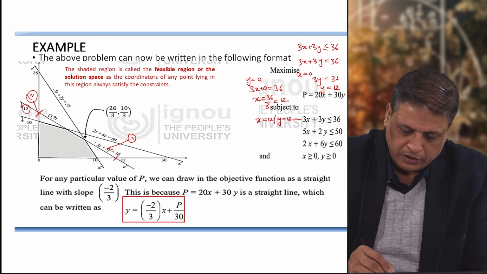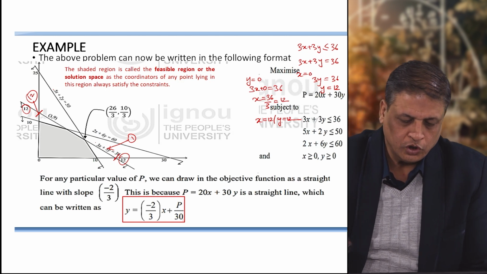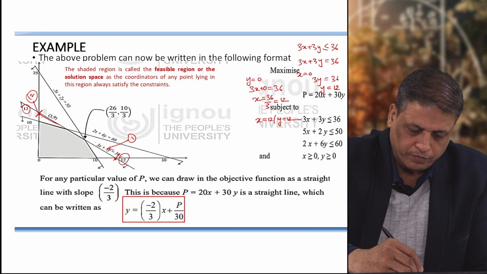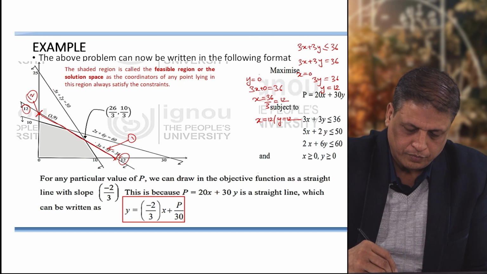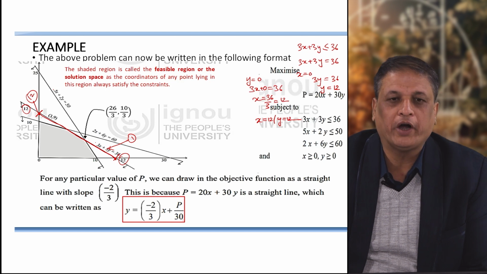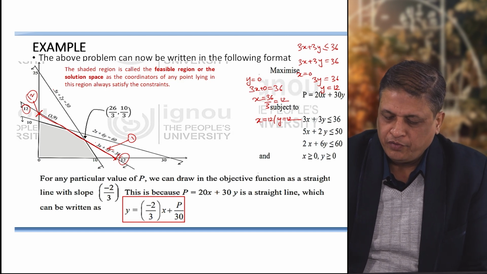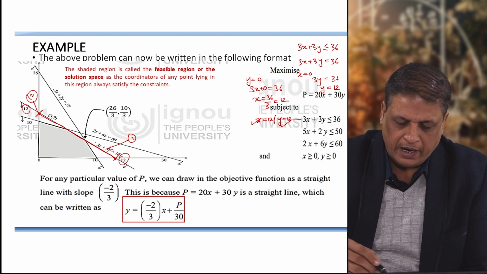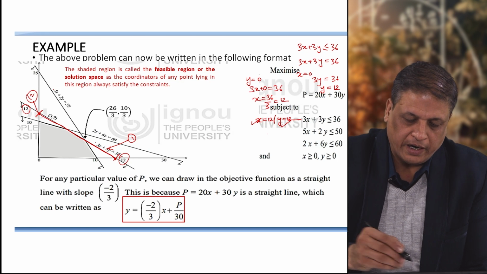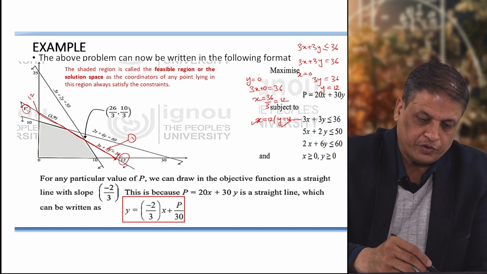Joining this point with this point, you will get this line. I hope you understand how we determined the intercepts on the x axis and y axis, which turn out to be 12 and 12, and we joined the line 3x plus 3y is equal to 36, which is shown in red color.